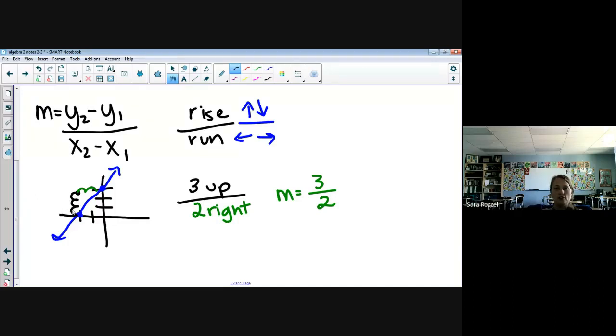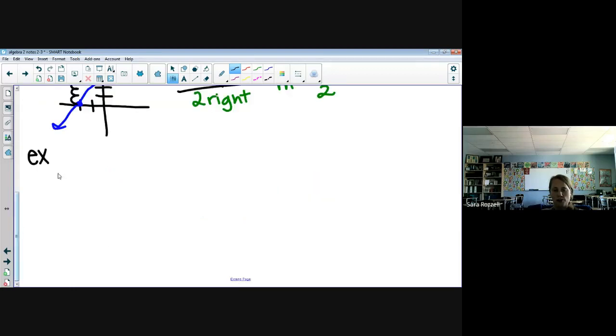Now we're going to look at 3 where we've got ordered pairs, and we're going to calculate using our slope formula.